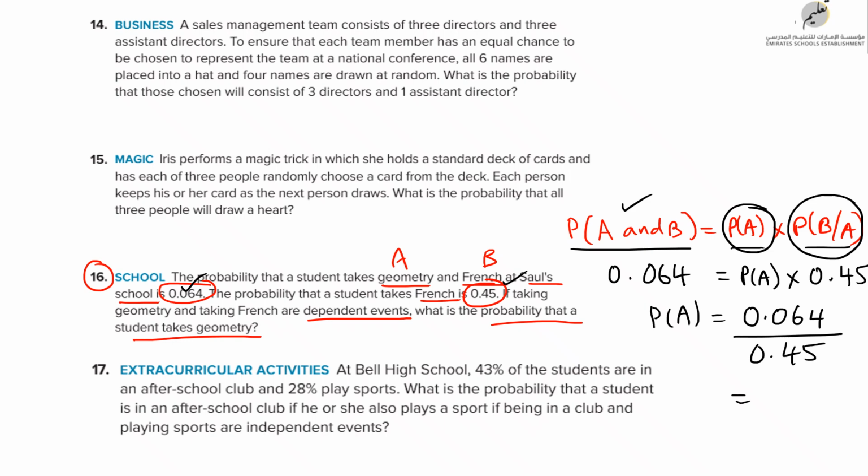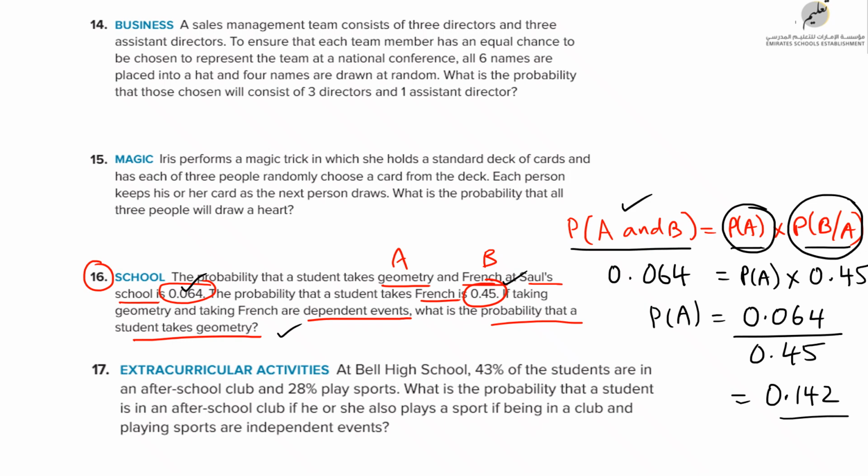You may use your calculator. It is again a decimal, 0.142, and yes, it's a recurring decimal. You can give your answer in decimal. So the probability that the student takes geometry is 0.142.